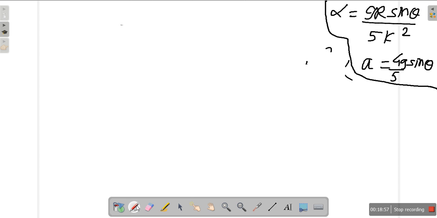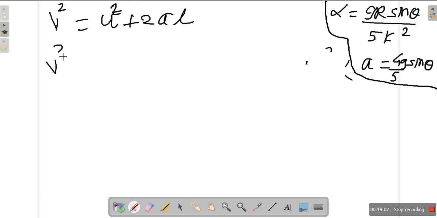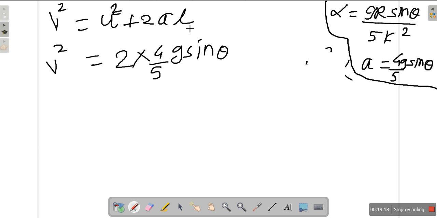The distance given is L, so we will use v square equal to u square plus 2aL. U is 0 because it is the initial velocity, so v square will be 2. What is A? A is 4 by 5 g sin theta into L.